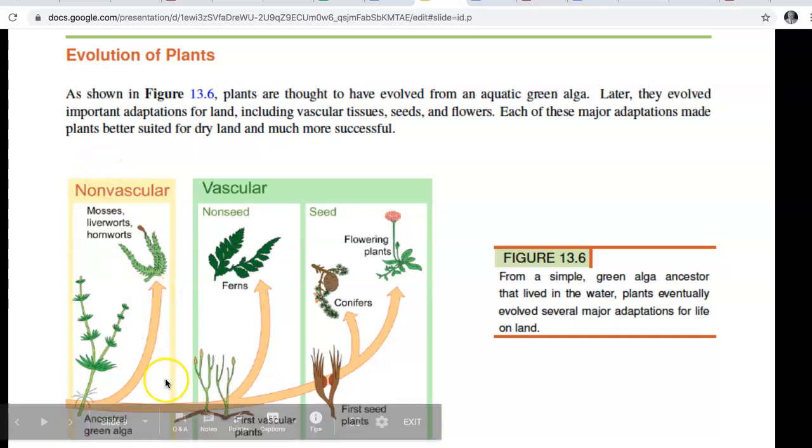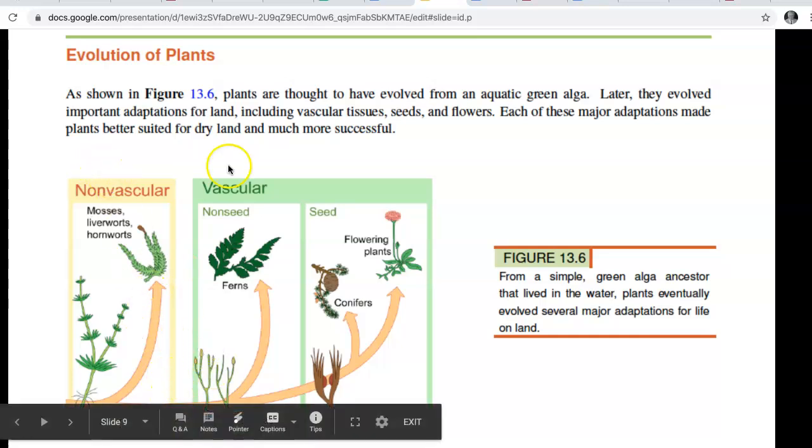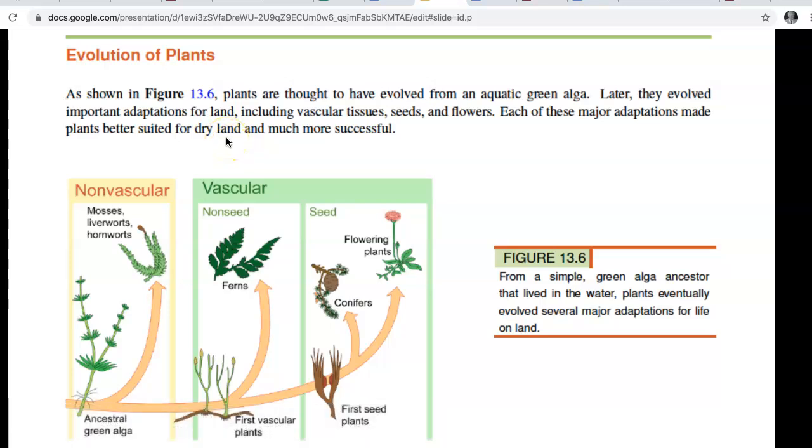As plants evolved down here, they started to become vascular. By vascular, we mean there's pathways within the stem, within the roots, within the leaves for water and nutrients to be transported. So take a look at this one. Ferns are a vascular plant, but then as we go in time, conifers, and then finally flowering plants.